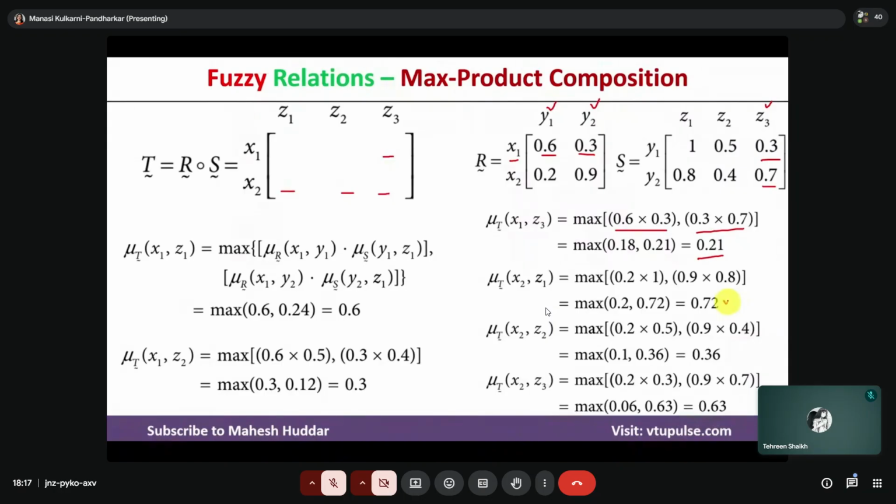So this is the way in which you have to complete the max min composition and max product composition on the given fuzzy relations. Okay. Now these problems, solve this very carefully. Okay. A little bit lengthy, but still you have to do it in a proper way.